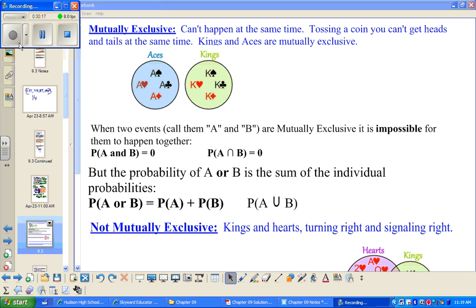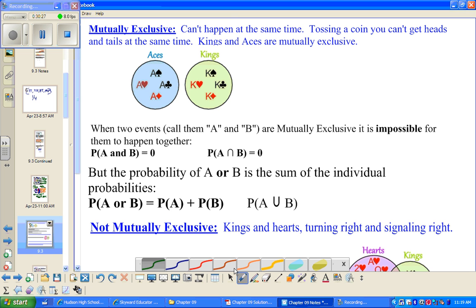I know this video is getting a little long, but I just want to mention a few more terms. Mutually exclusive means it can't happen at the same time. Like tossing a coin, you can't get heads and tails at the same time. Or if you draw a card, you can't get an ace and a king at the same time if you just draw one card. When two events, let's call them A and B, are mutually exclusive, it is impossible for them to happen together.